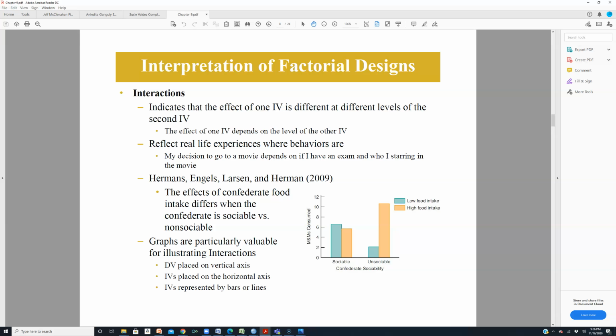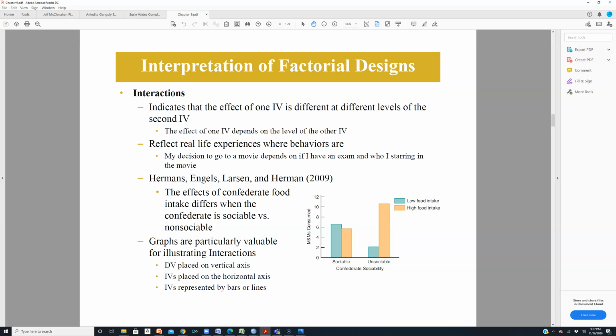We're not just looking at how one IV in isolation influences us, but rather how we're influenced by this dynamic, complex interaction of multiple factors together. So whenever you hear "it depends," where the effect of one IV depends on the level or condition of the other IV, that means there was an interaction.